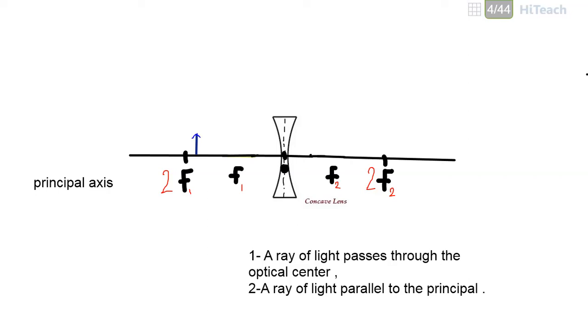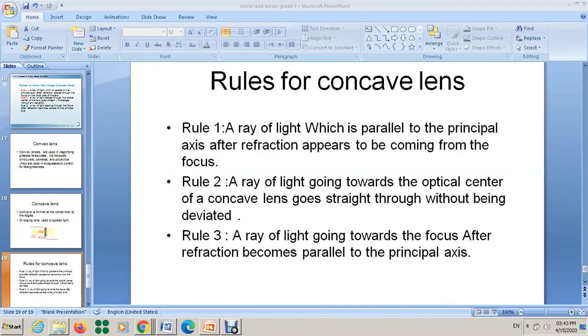Let's start with the first ray. The first ray, I'll use the yellow color, which is parallel to the principal axis. From the top of the object, you take it like this, you stop at this point, at the center. Now we'll see how it will change direction, how it will refract. Again, let's go back to the rules. The one that is parallel to the principal axis, after refraction, appears to be coming from the focus. So let's do it together here.